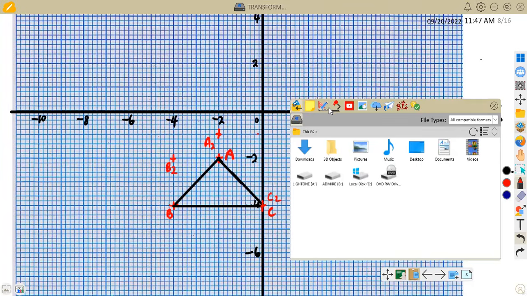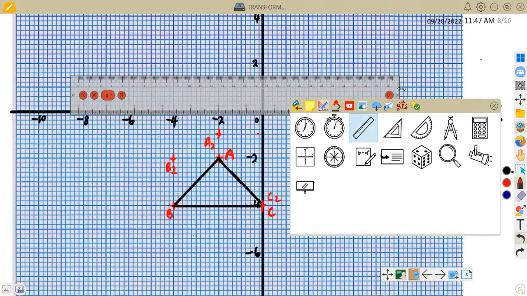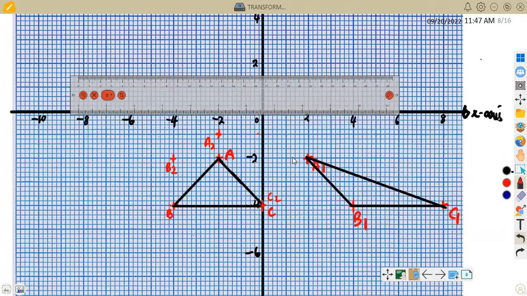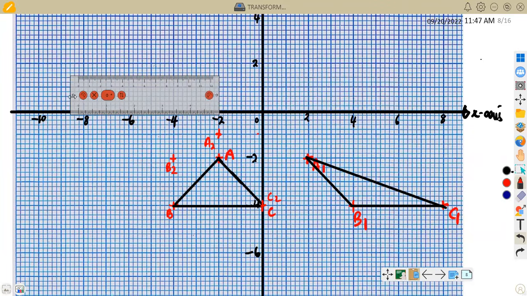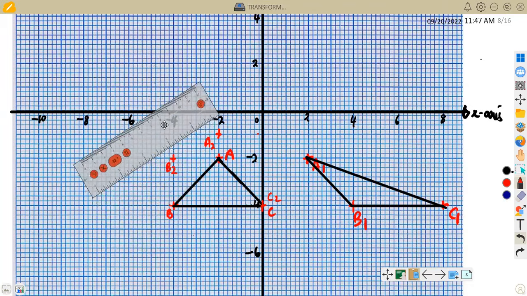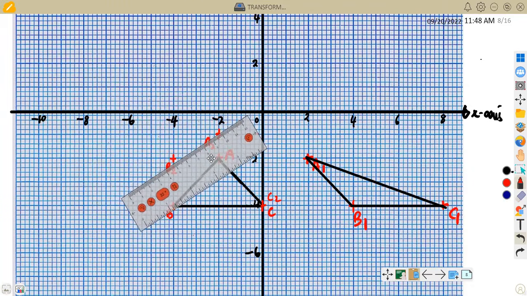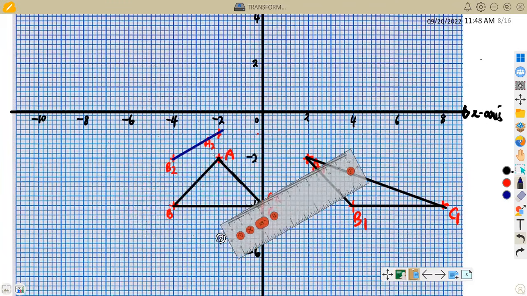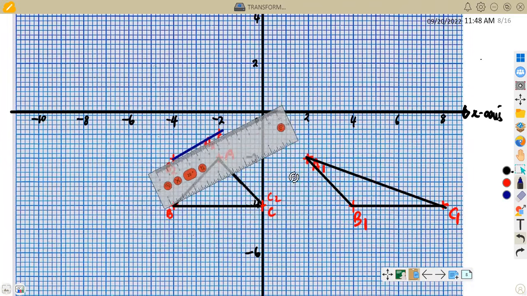Let me insert a ruler so that we can join these ones. So let us join these points A2 to B2, something like this. We are just going to join these ones. Then we join from B2, I just join any point.